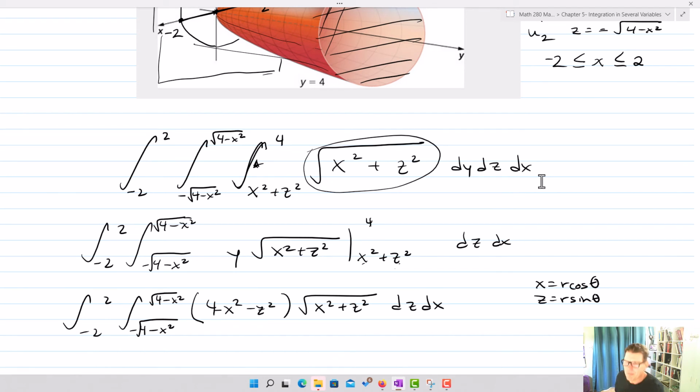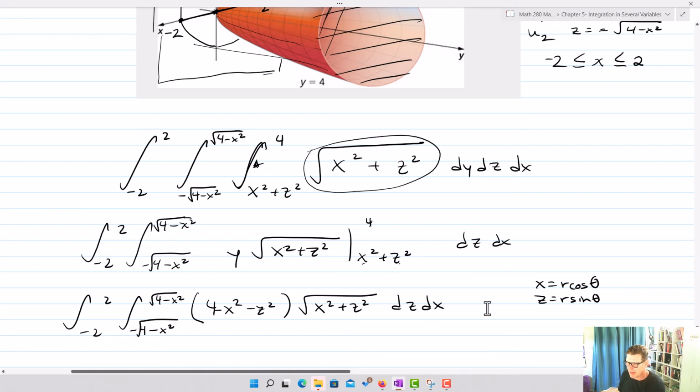I know that we've always had y equals r sine theta, and that's true. However, it doesn't really matter from the perspective of working in polar, because now we've gone from a 3-dimensional figure down to a 2-dimensional figure. So you can just choose whichever one you want to be the horizontal and whichever one you want to be the vertical.